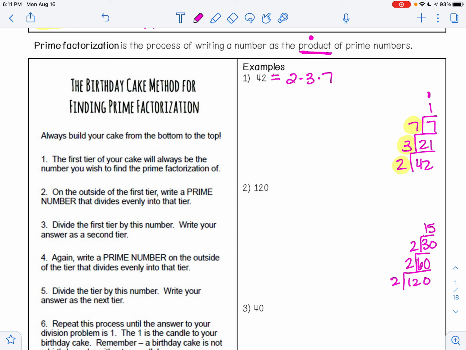The smallest prime number that goes into 15 is 3. 3 goes into 15 5 times. And then 5 goes into itself 1 time. When you get to 1, you're done. 1 is the candle to your cake. So the prime factorization of 120 will be 2 times 2 times 2 times 3 times 5.